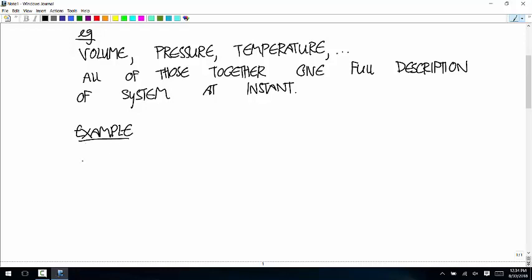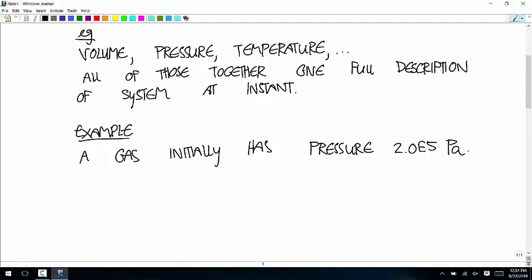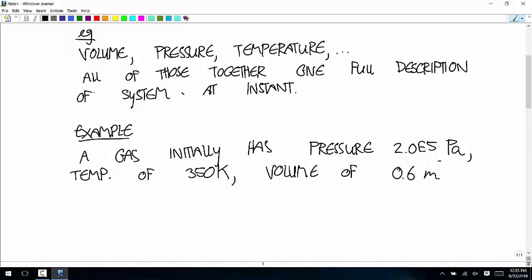So let's say that we have a gas, initially has pressure of 2.0 times 10 to the 5th pascals, a temperature of 350 Kelvin, and a volume of 0.6 cubic meters.